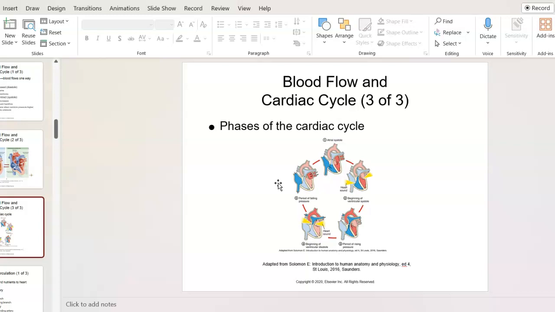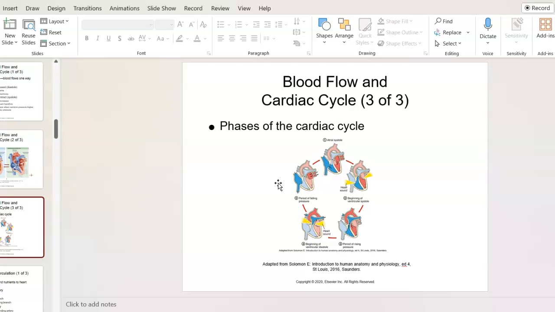Here's a breakdown, and they also talk about the valve sounds, that lub-dub. So lub-dub correlates to the closing of the AV valves and then the semilunar valves, as the blood flows through the heart. I believe they have that in there. If you look at it a little bit quicker, you can see the beginning of the contraction of the atria.